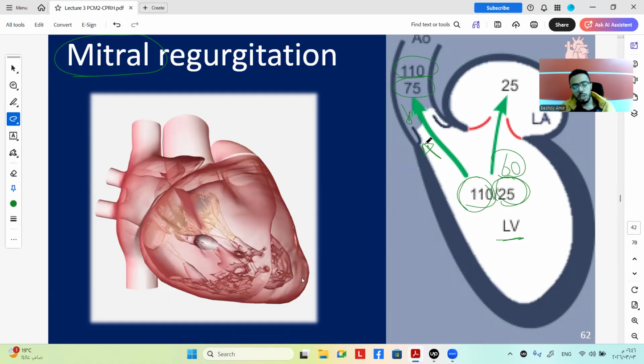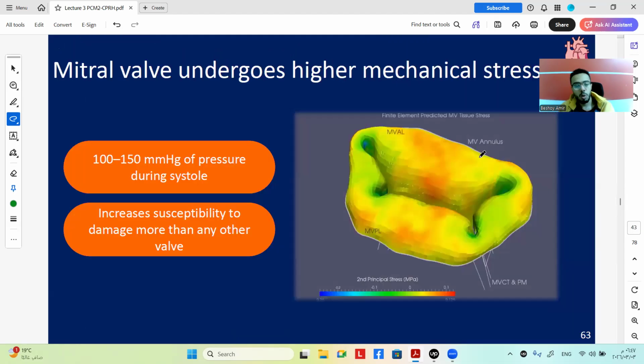So there's not very much stress over the aorta, but there is very much stress over the mitral, because the pressure right here is very low in the left atrium. It's minimal. So it has a lot of pressure in every cardiac cycle. Blood is pushing over it very hard. That's why, you know, it's the one most suffering from wear and tear in our body. Yeah, I gotcha. That makes sense.